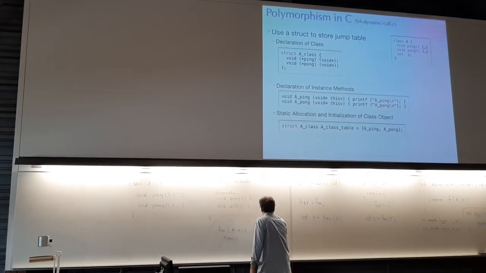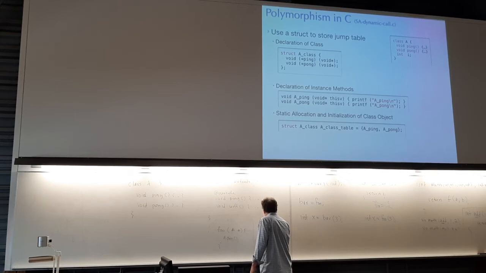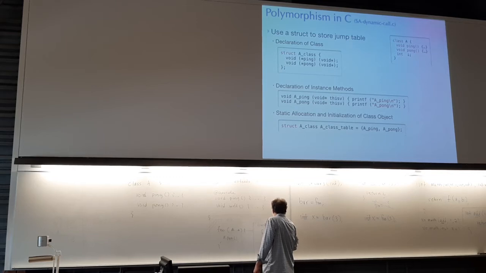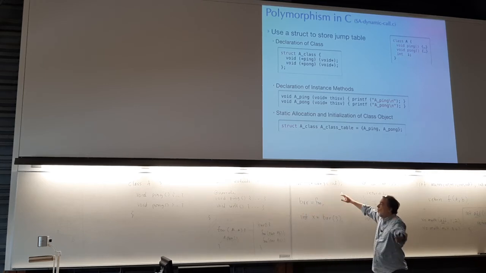And then have some other function, say bar, that calls foo with a new A the first time and a new B the second. So we're going to try to do all of that here.